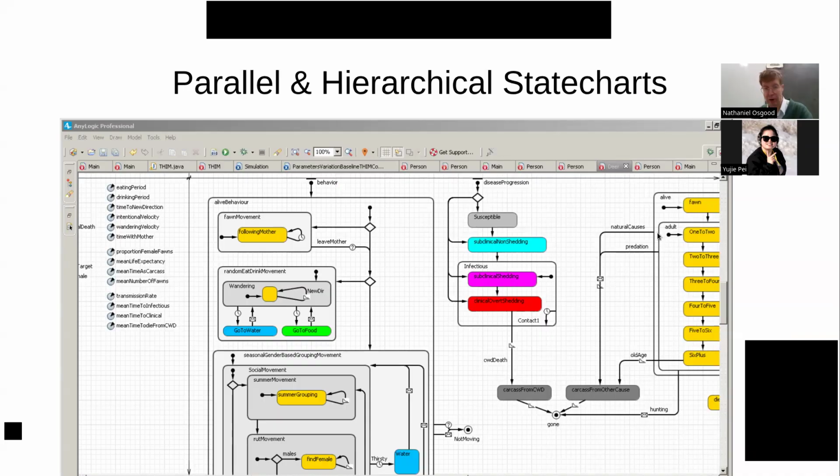What's notable here that I want to draw your attention to is that there are transitions not only from these internal states of the compound state, which should be a familiar idea. You can have transitions from one state to another, but there can also be transitions from the compound state as a whole to other states.